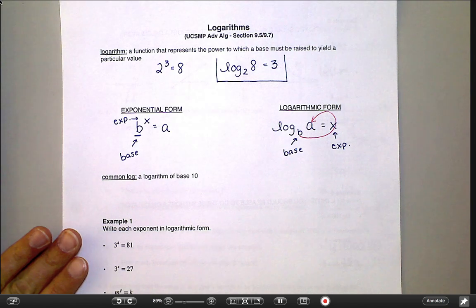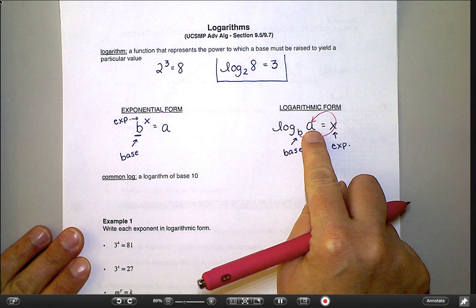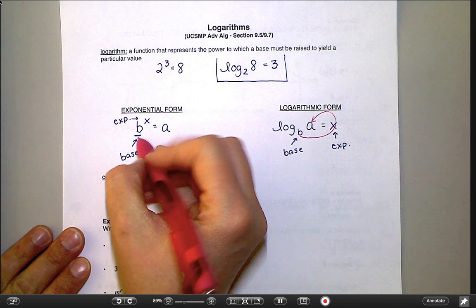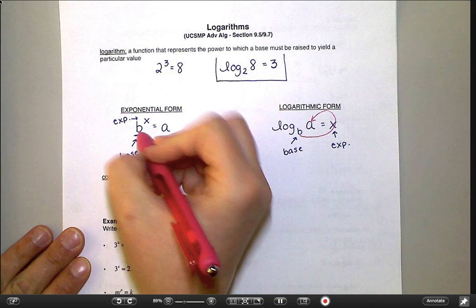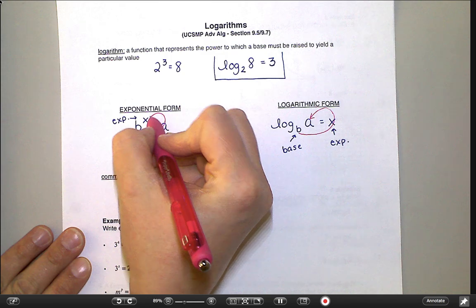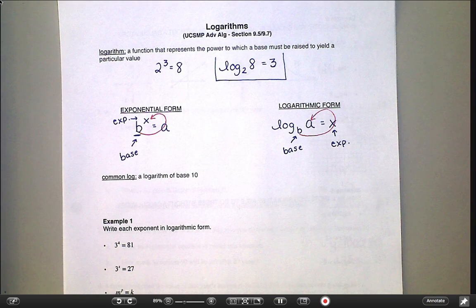That's the order that those pieces go in. b to the power of x equals a. Or if I was in this form and I wanted to turn it back into a log, I would start here with the base. Log base b of a is equal to x. So either way, it's got that same kind of motion to it.